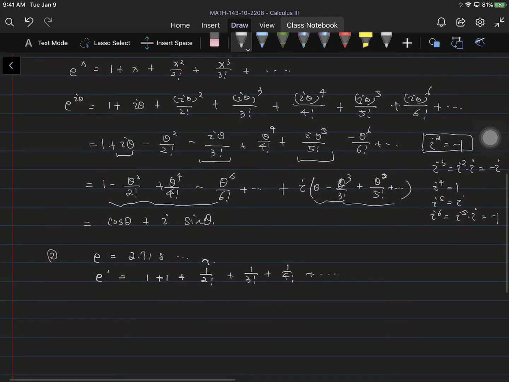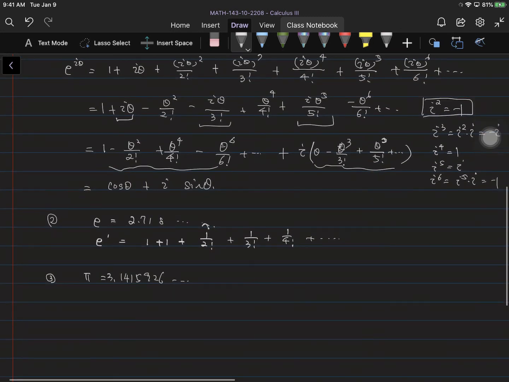Okay, number 3, pi. We know pi is a number like 3.14, right? How do we get pi? I will show you by using Taylor series. Firstly, we know tangent inverse of 1 equals what? It is pi over 4.